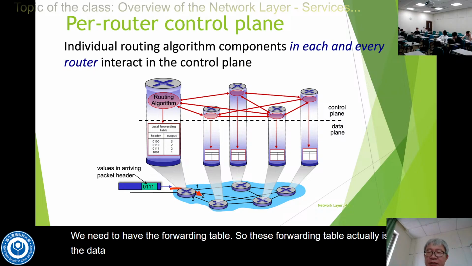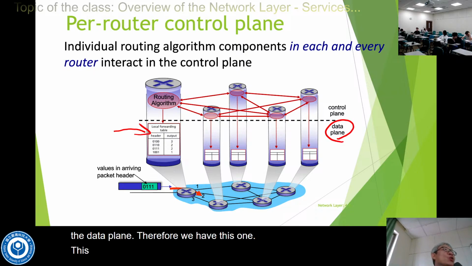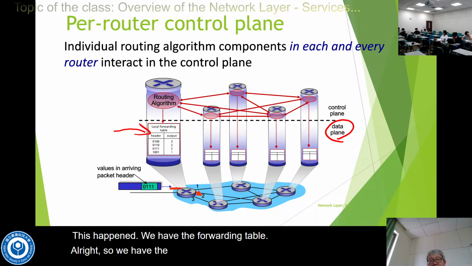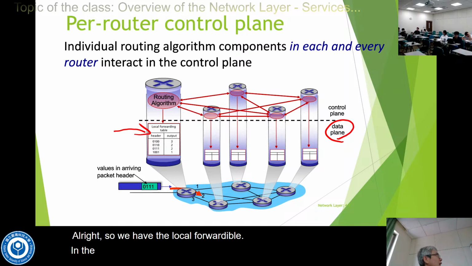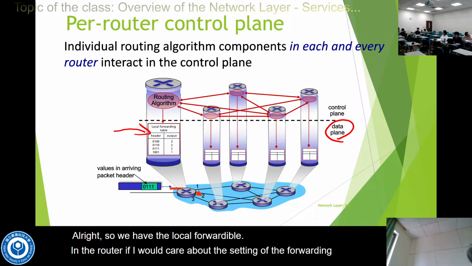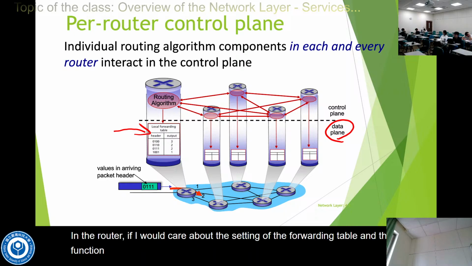Therefore, in the data plane, we have the forwarding table. So we have the local forwarding table in the router. If we care about the setting of the forwarding table and the function of the forwarding table, it's an issue of the data plane.